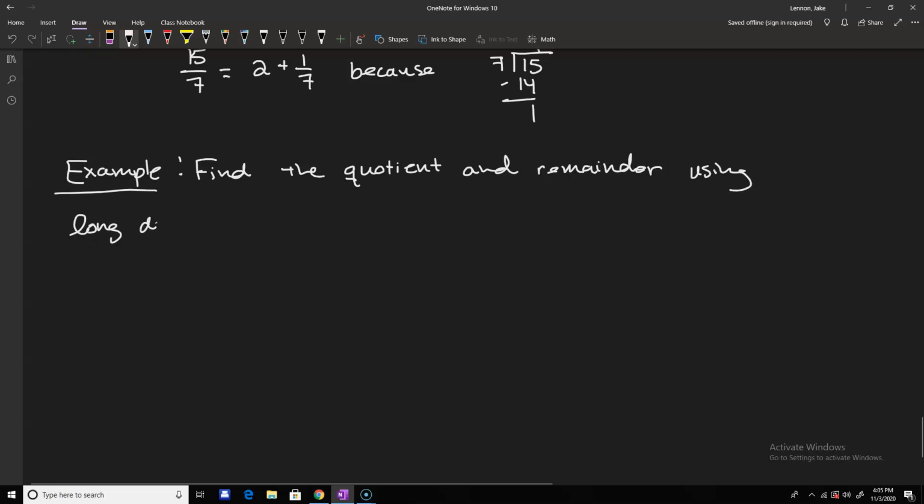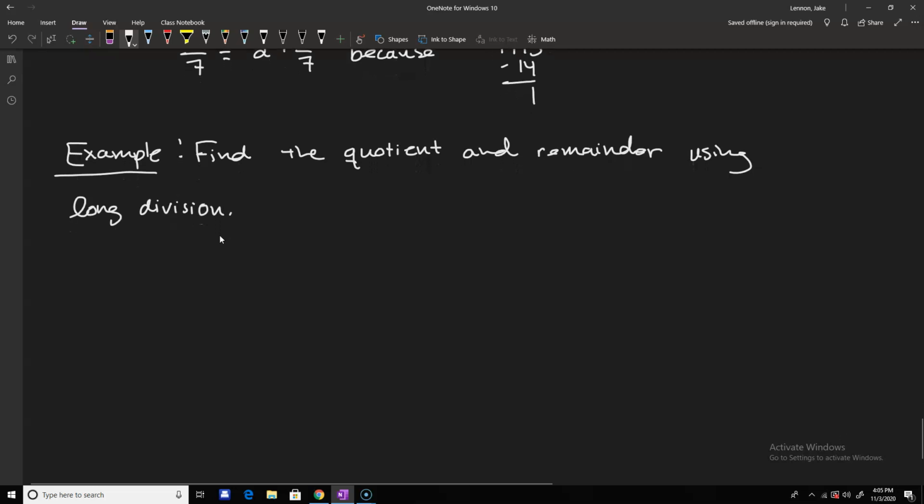So let's go ahead and do 9x squared minus x plus 5, divided by 3x squared minus 7x.